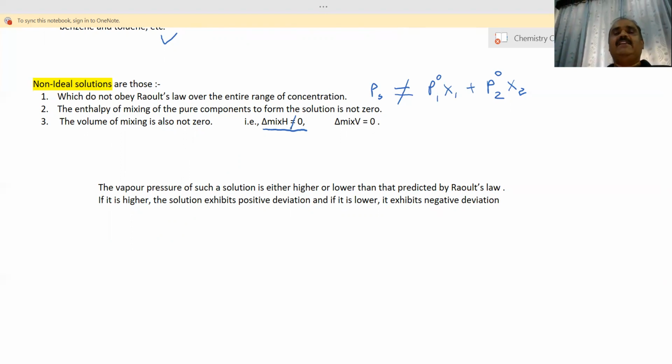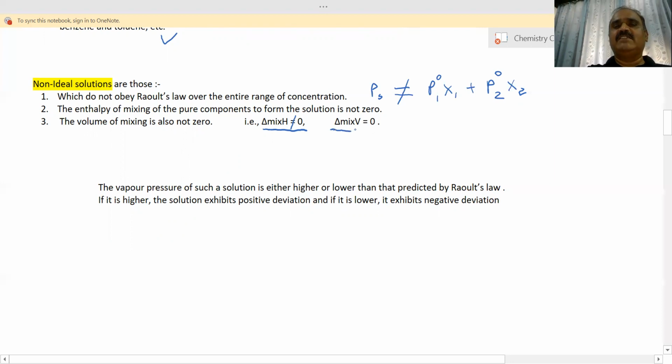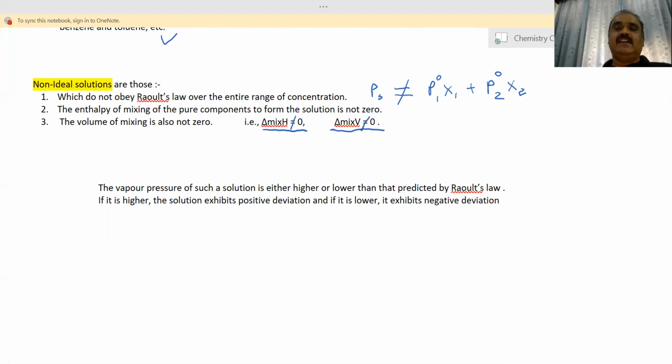And third condition is the volume of mixing is also not zero. That is, delta V mixing is not equal to zero. It is either positive or negative. That means there is either increase in volume or decrease in volume.